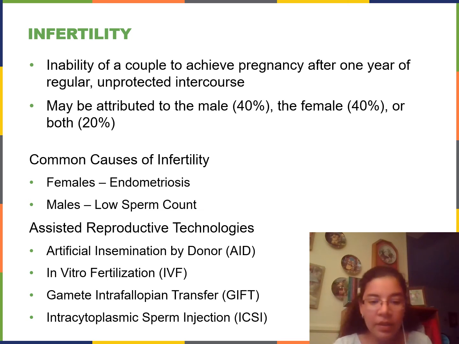Again, it's inserting that sperm directly into an egg, facilitating the fertilization event. These are just a little overview of the assisted reproductive technologies to overcome either hormonal inability to have a successful pregnancy, or sometimes structural. The anatomy might not be conducive to a successful pregnancy or fertilization event.